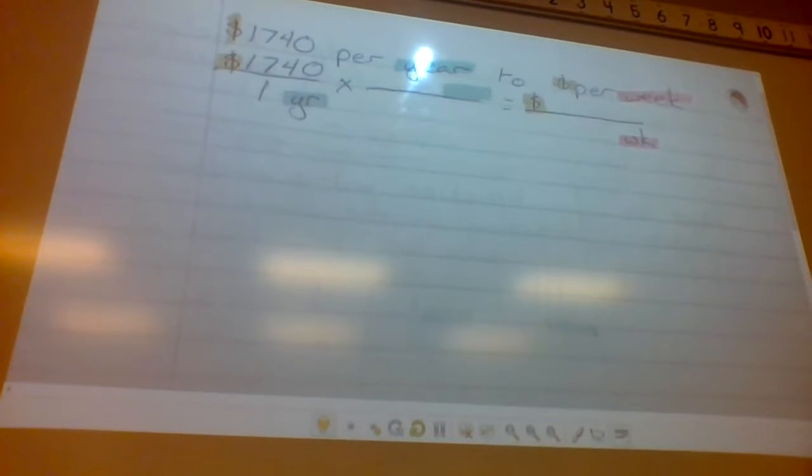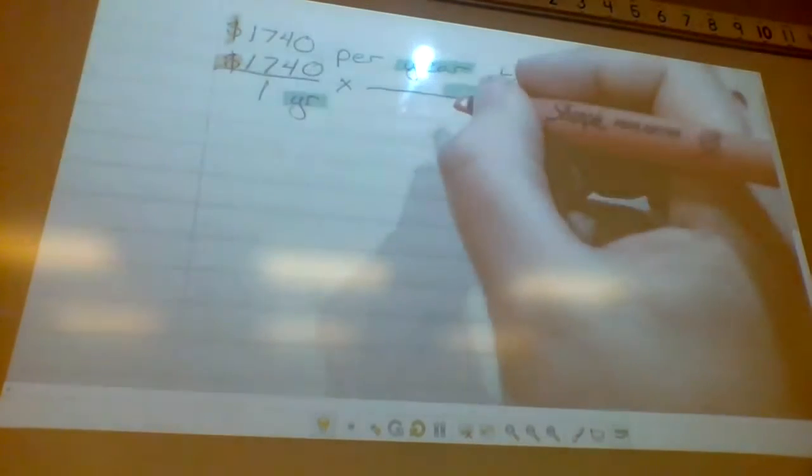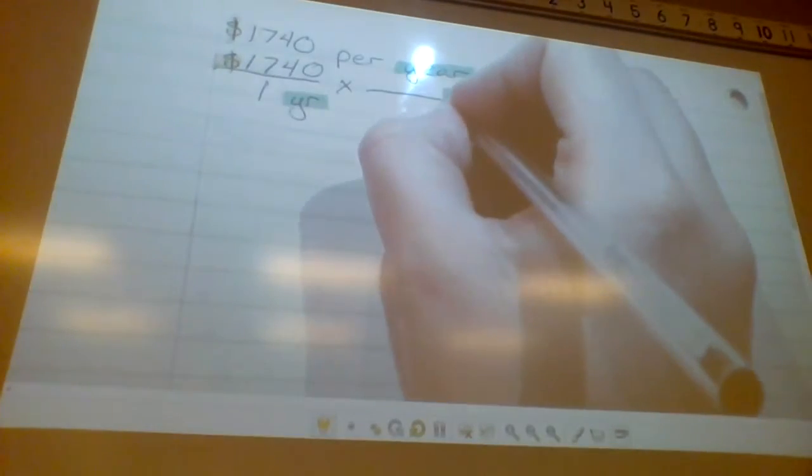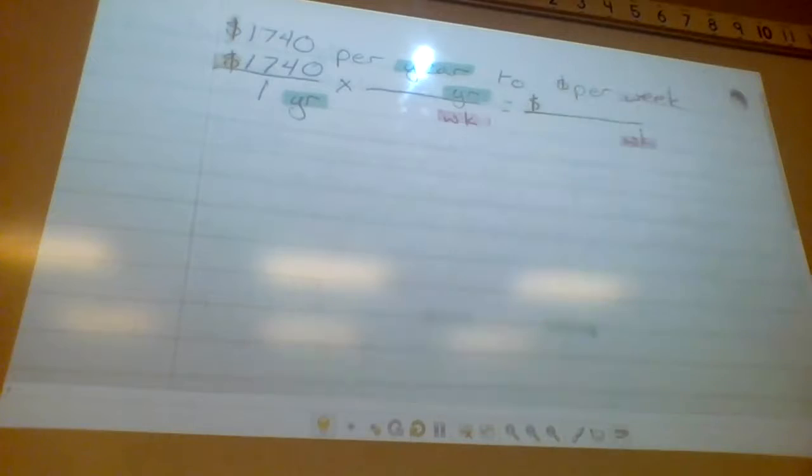So that's why I say the label moves. Wherever it is, it goes to its opposite spot. I don't tell where it moves to, I say the label moves. And then the week is at the top. So now we can fill that in as years, 2 weeks.